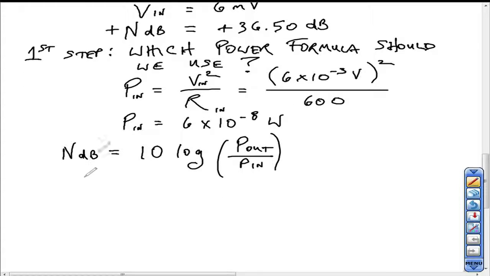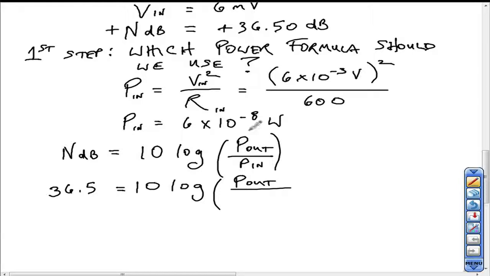What do we know? We definitely know this. That's going to be your 36.5 decibels, and it's, of course, positive, equals 10 times the log of your output power. That's what we don't know. But we definitely know this: our input power, 6 times 10 to the negative 8.